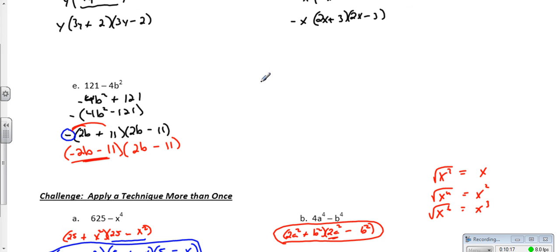So I'm not going to change the order, I'm just going to factor it. I got 121, square root of that is 11, and then 4b squared is 2b, and then a difference like that. And that's good. So this would be your answer.